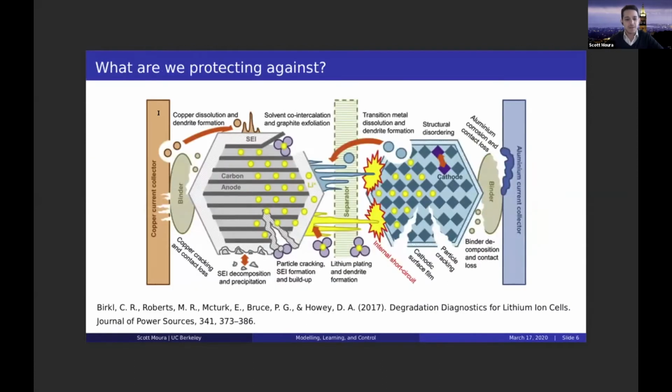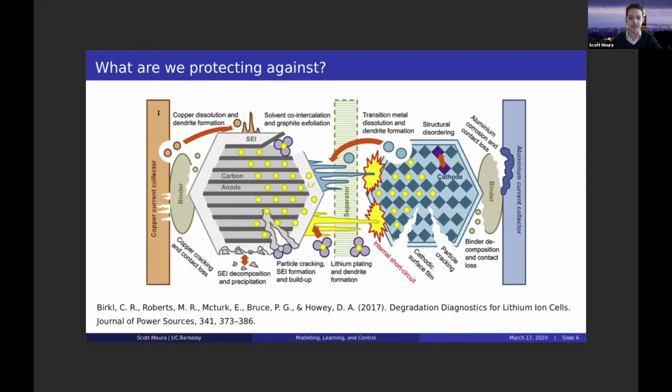Now, I really must give credit to this excellent figure to describe what we are protecting against, put together by Dave's group. Now, what is limiting us in terms of charging faster is the fact that there is a diversity, a cornucopia really, of degradation mechanisms that are preventing us from moving lithium ions from one electrode to another very quickly.